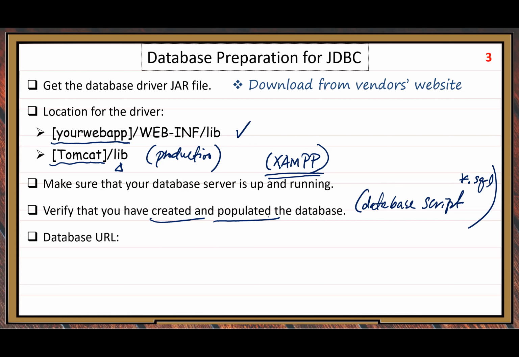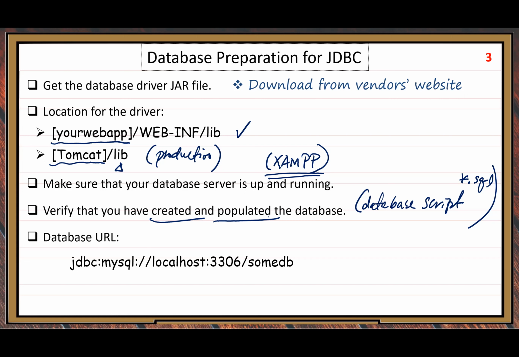And then the database URL. Get that part ready for your programming. For MySQL, I'll give you an example here. You can see the first part, jdbc colon, then mysql colon. I call that the protocol: JDBC colon subprotocol, MySQL colon.